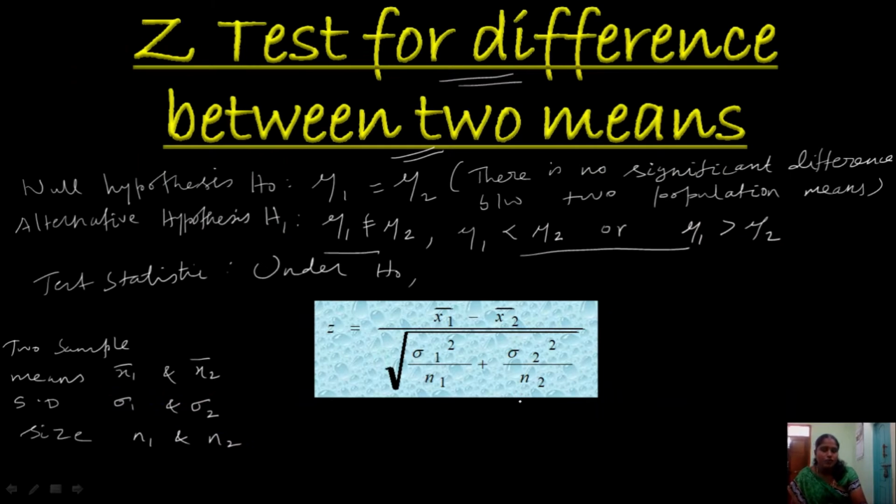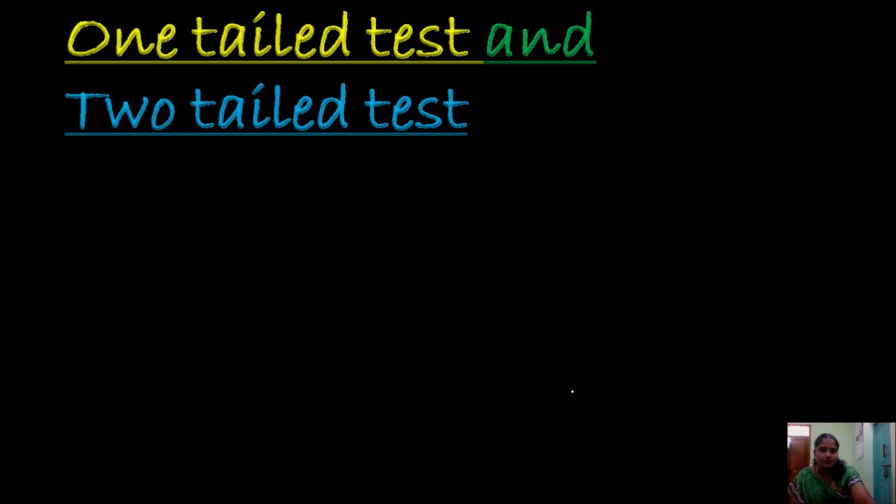Before we move on to the test procedure, let us have a short look at the one-tailed test and two-tailed test in detail. What does it mean? What happens if it is a one-tailed test and if it is a two-tailed test?